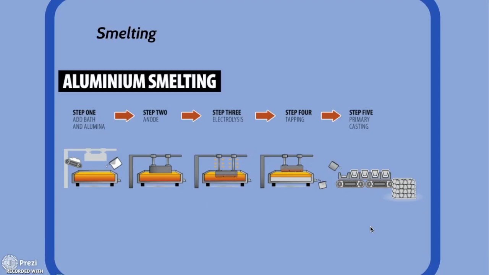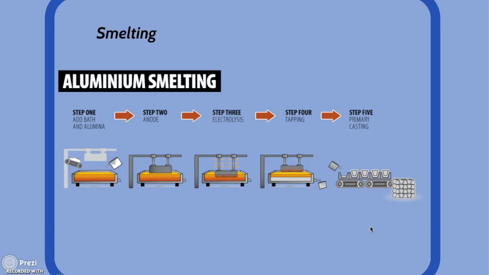This seems like an extraordinarily high temperature until you realize that the melting point of pure aluminum oxide is 2,054 degrees Celsius. So adding cryolite allows the electrolysis to occur at a much lower temperature.